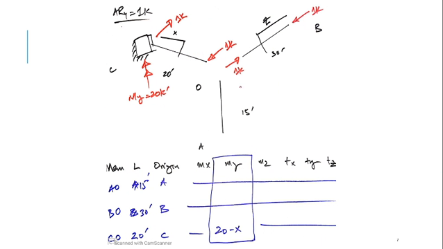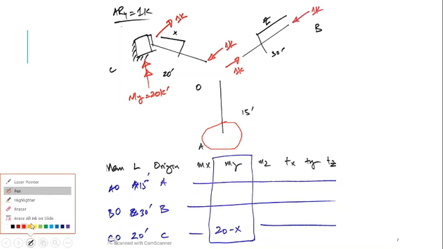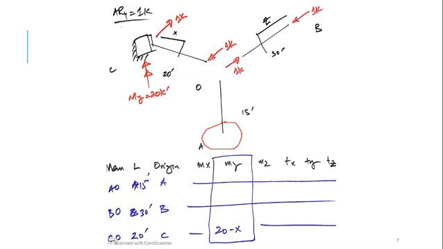Next I have to apply AR4. Now it is the turn of the second support, because we have dealt with these reactions. This one kip and this one kip is balanced with this one kip, which is now balanced here.